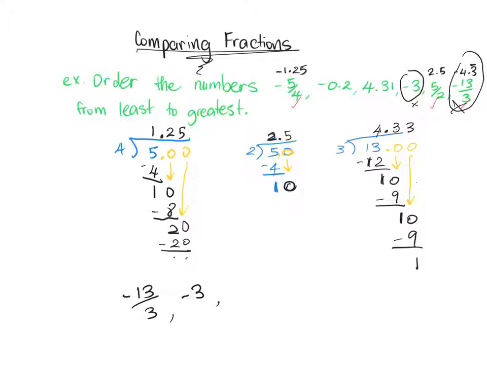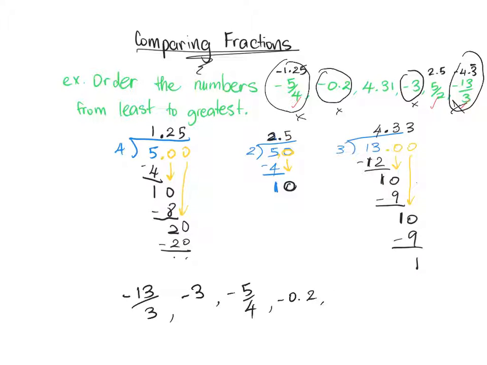The next most negative number is our first number on the original list, this guy right here. And so I'm going to write that down as negative 5 over 4. And there's still one negative number, so that is the next one, which is negative 0.2. Now we can go into our positive numbers.